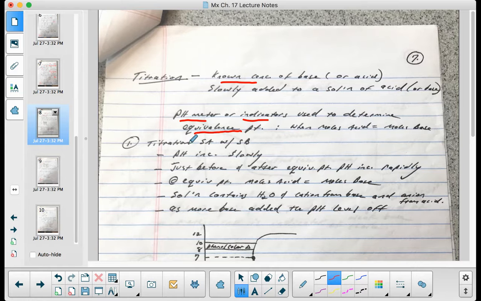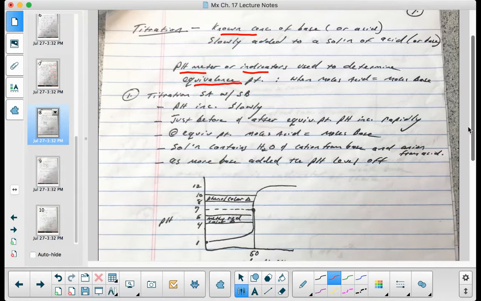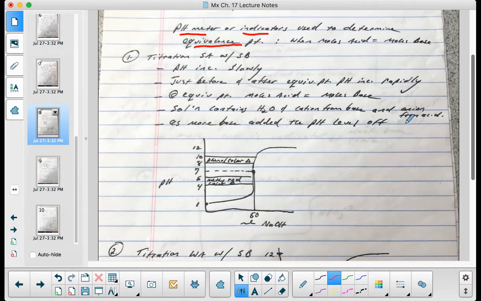So if we were to take a titration of a strong acid with a strong base, we would have what we call the classic pH curve. If you're adding a strong base to a strong acid, you start out with a very low pH, and the pH changes very slowly.